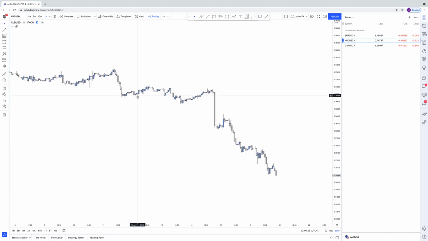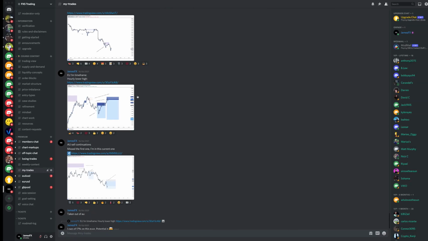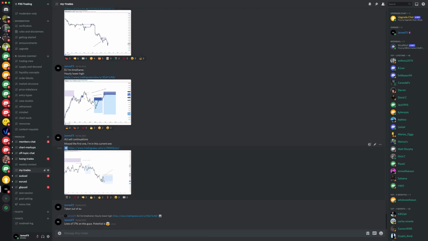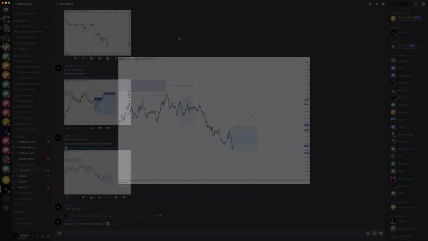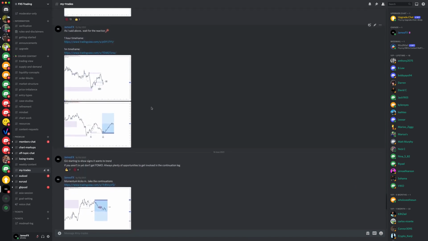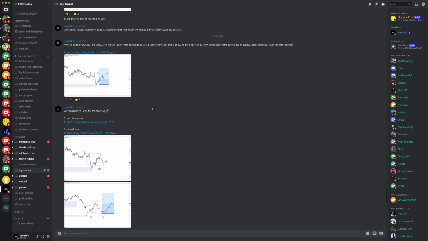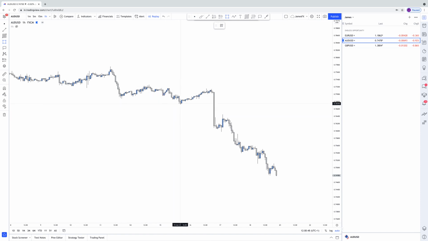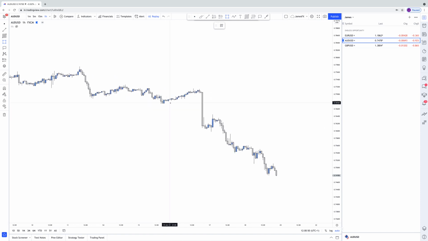what was the trade? So let me just go to Discord. So one trade at the end of the week on Friday, which is this one here, which I'll go through, but there was one other. I'm just seeing if I posted it. Okay, so I think it's this area here where we had a break of structure.